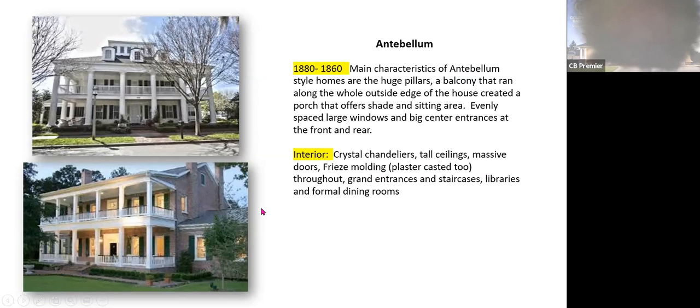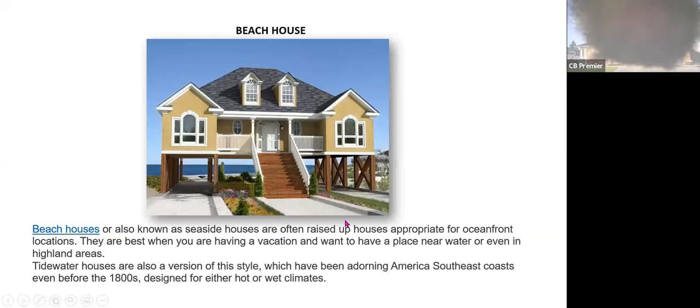They will usually have nice large staircases, and they have libraries, parlor rooms, formal dining rooms, and such. I'm sure everybody has been in these in one form or fashion, especially in our area.